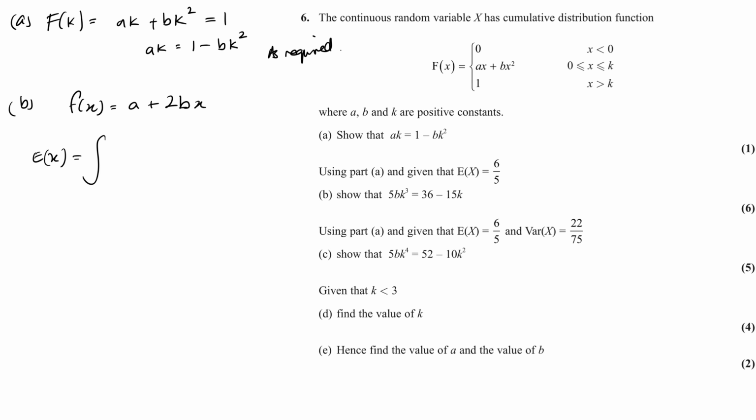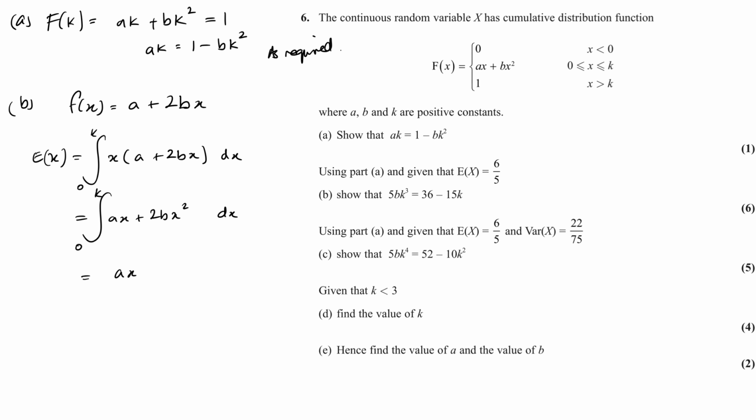So E of x is integrating between k and 0, x times (a plus 2bx) dx, or ax plus 2bx squared.